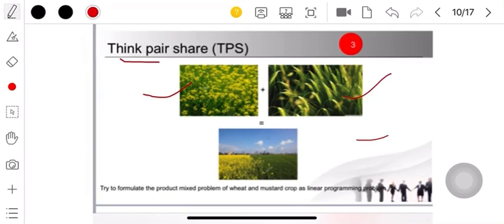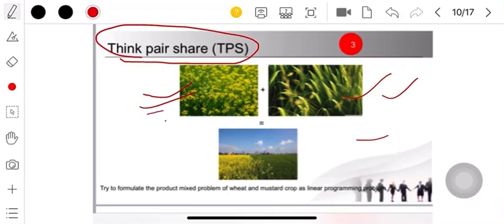This is a think-pair-share system. When we crop wheat, we mix mustard and wheat together, a mixture of wheat and mustard. Then this is the crop.